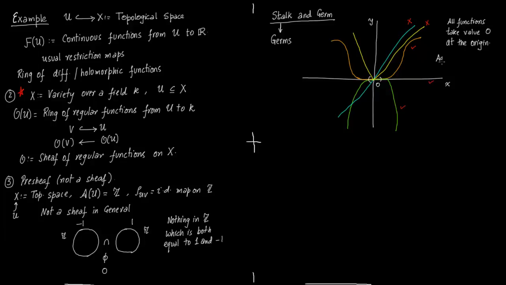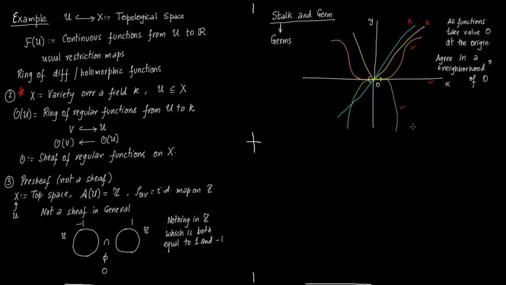The reason is that the functions which I have crossed out only become 0 precisely at 0, and the functions which are part of the germ vanish or agree in a neighborhood of 0. So the neighborhood is very important.